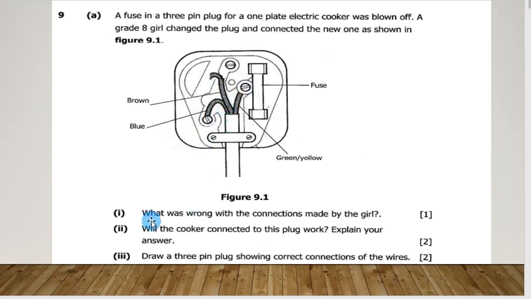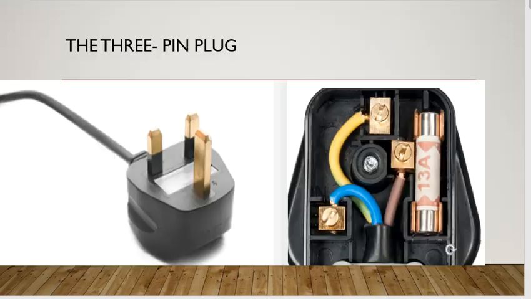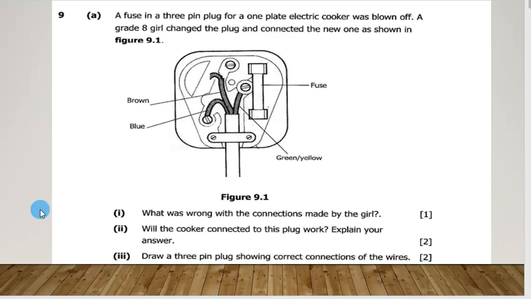So the first question is, what was wrong with the connections made by the girl? So identify what was wrong here. Okay, compared to what we discussed here, which cable is supposed to go here to the fuse, what will be the color coding. Okay, and that is what is going to help you to answer this question.